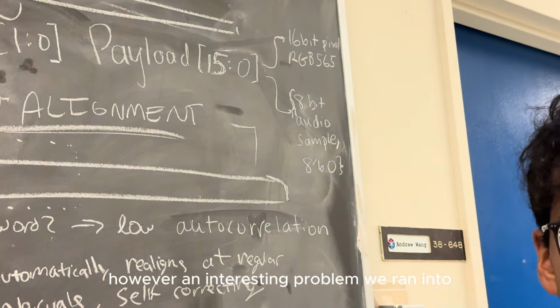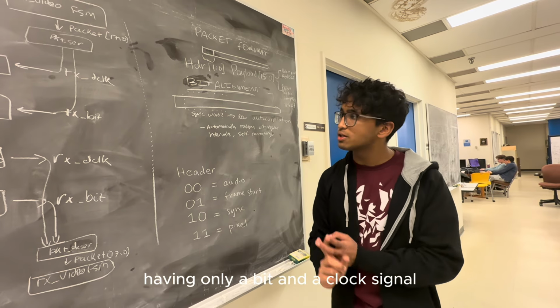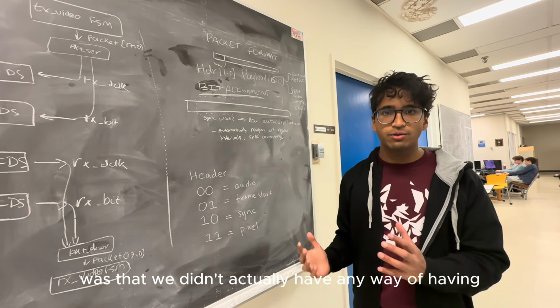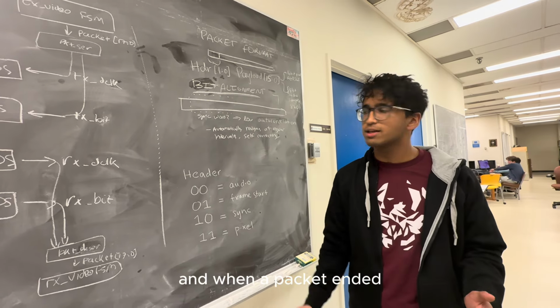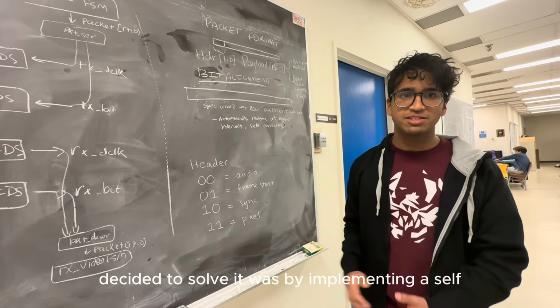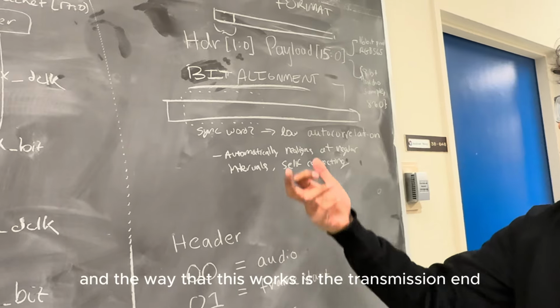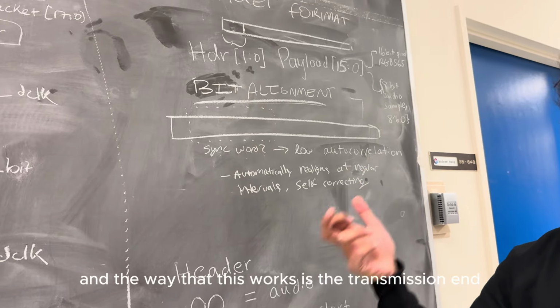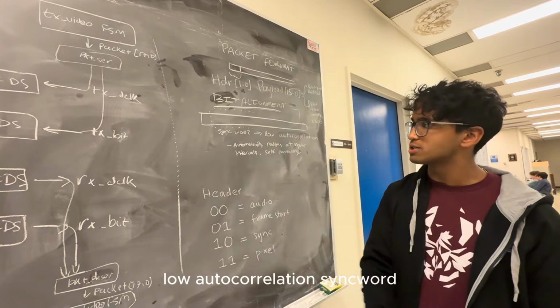However, an interesting problem we ran into, given our pin limitations having only a bit and a clock signal, was that we didn't actually have any way of having the deserializing end aligned to when a packet started and when a packet ended. And this is an important problem, so the way that we decided to solve it was by implementing a self-correcting bit alignment protocol. The transmission end at regular intervals sends a fixed low autocorrelation sync word.